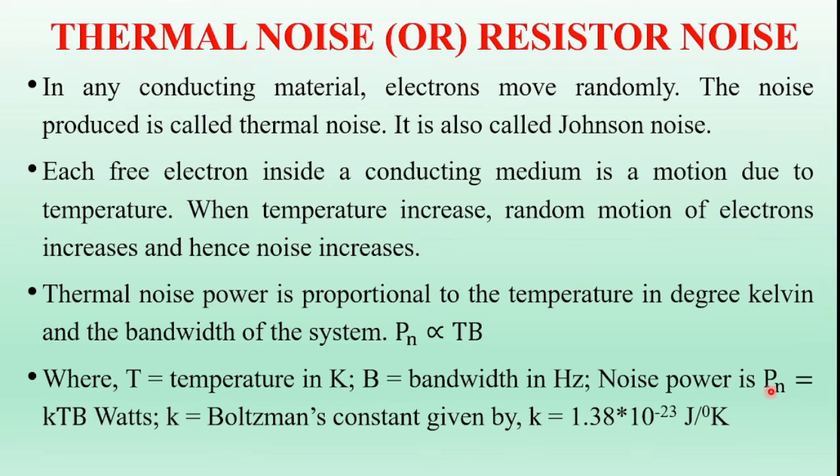Pn is the noise power. So removing the proportionality, we get Pn is equal to kTB, where small k is the Boltzmann constant, 1.38 into 10 to the power minus 23 joule per Kelvin, T is the temperature in Kelvin, and B is the bandwidth in hertz. So this is the thermal noise definition and mathematical expression.